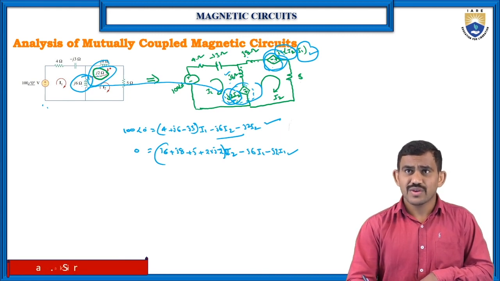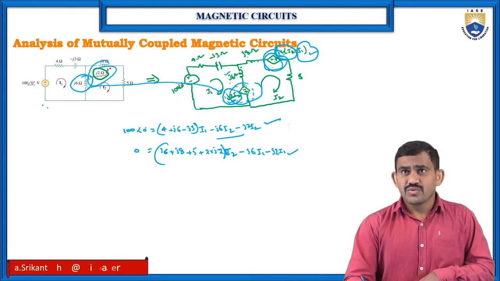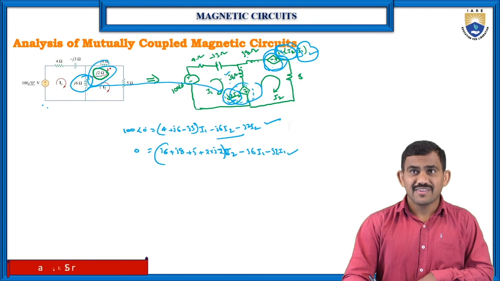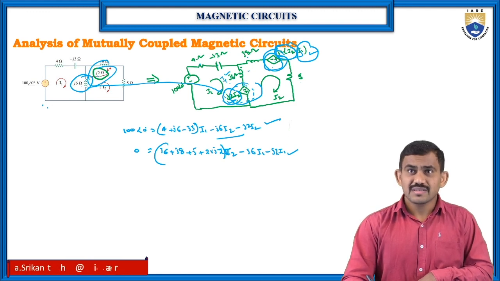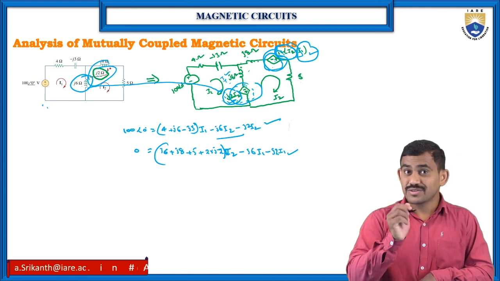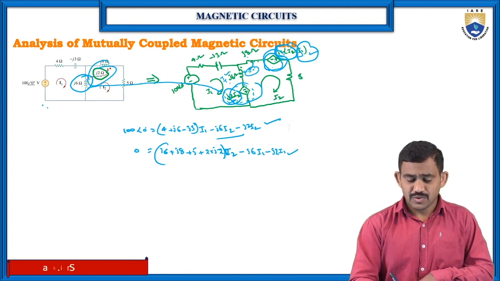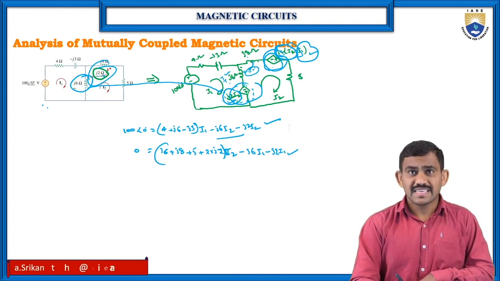And for the J8 ohms depending upon the 6J, 6J has I1 current and is mutually coupled with I2 current. So I need to write both values: the mutually coupled 2J is I2 current and 6J is I1 current.